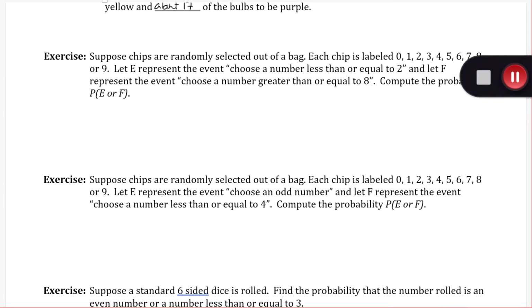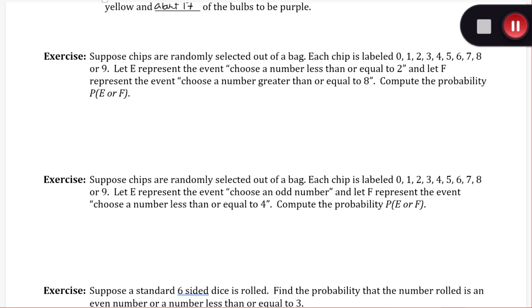Suppose chips are randomly selected out of a bag. Each chip is labeled with the numbers 0, 1, 2, 3, 4, 5, 6, 7, 8, or 9. So we have our chips 0, 1, 2, 3, 4, 5, 6, 7, 8, and 9, just to help us visualize it.